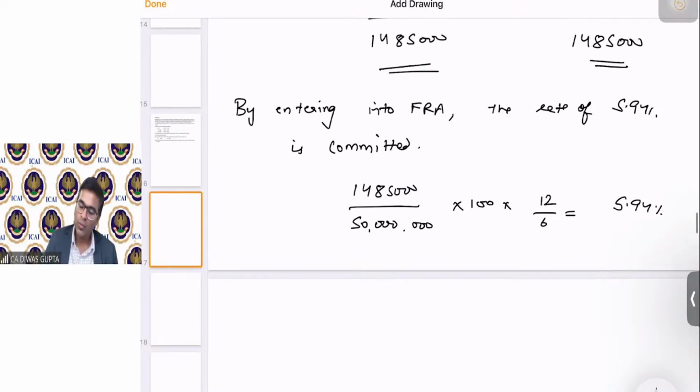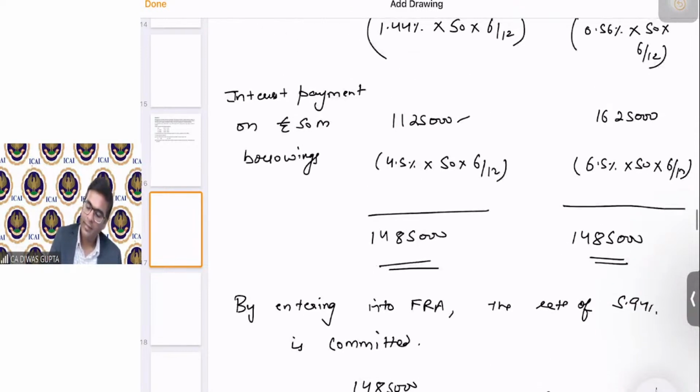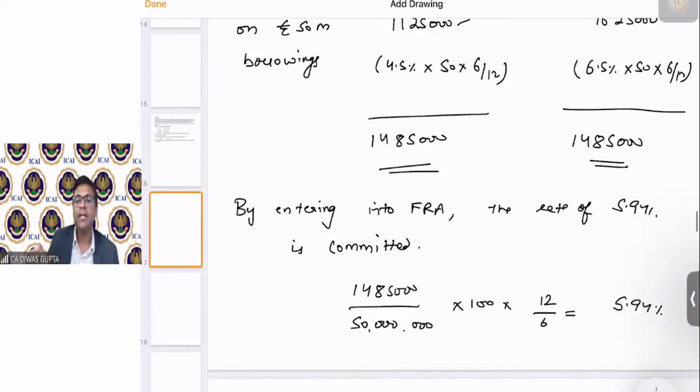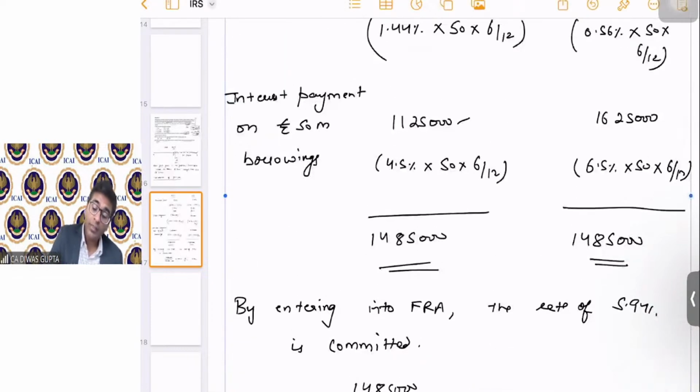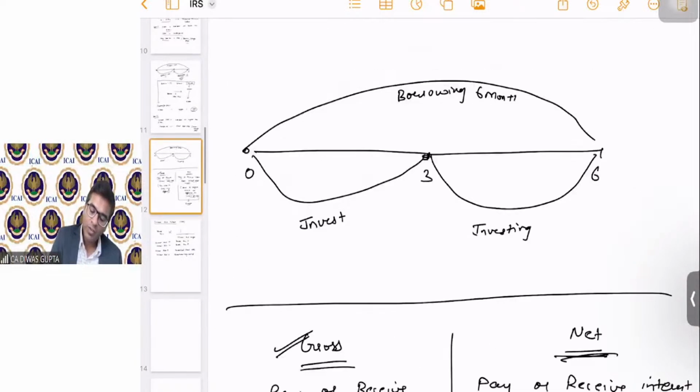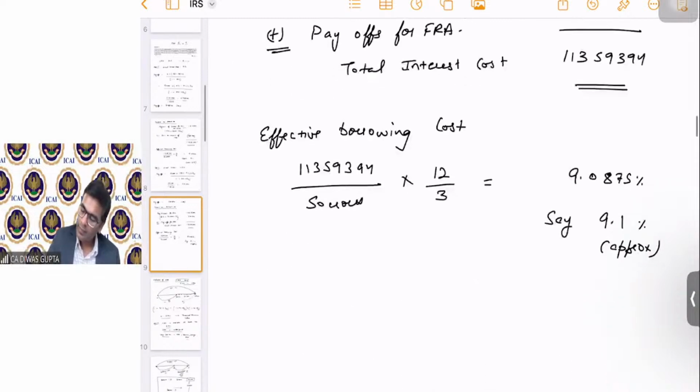Okay, students. So in a way, the interest cost is locked at 5.94 percentage. Whether it goes up or down after 3 months, it is not impacting the numbers. Students, one more thing. If you see in our previous question, it was not exactly coming out to 9.1%.